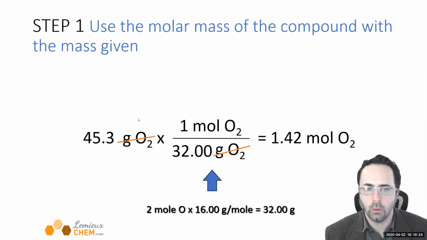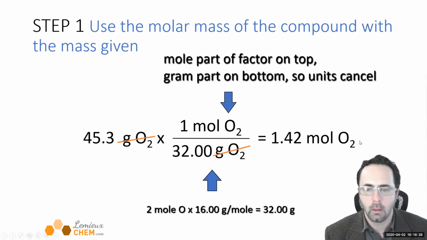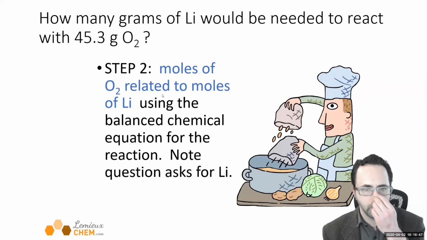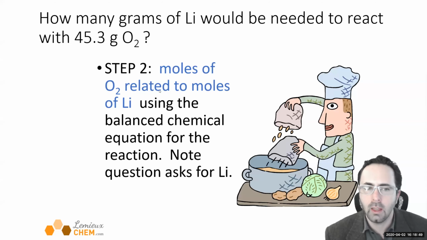Now step 2. And of course, just a reminder here, the moles went on top because we needed the grams to go on the bottom so that things would cancel here. So now we have the moles of O2. So what we want to do is relate that to how much lithium would react in this reaction.